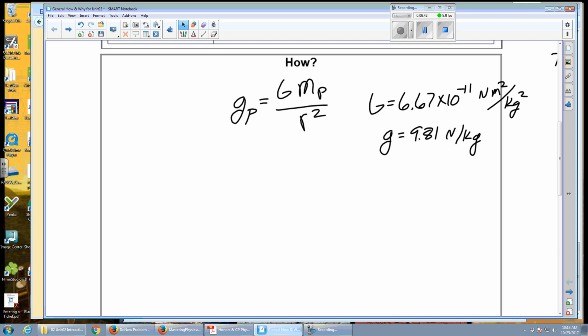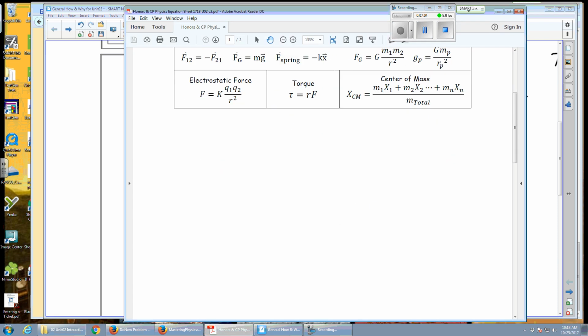Okay. Questions or anything before I dive into the deep end? All right, so let's just put in what we know. Oh, wait a minute. What planet are we talking about? Earth, right? So it would probably behoove us to have the mass of the Earth.